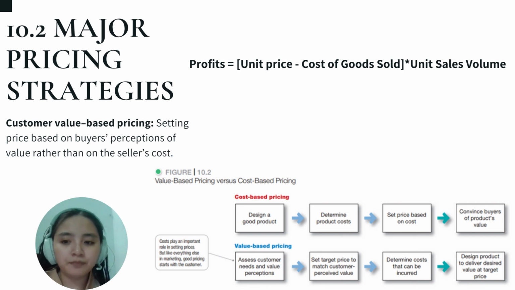As a result, pricing begins with analyzing consumer needs and value perceptions, and the price is set to match perceived value. And here is the formula of profit: profit equals unit price minus cost of goods sold, multiplied by unit sales volume.